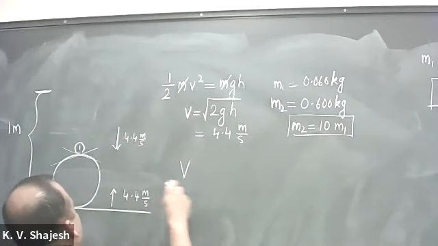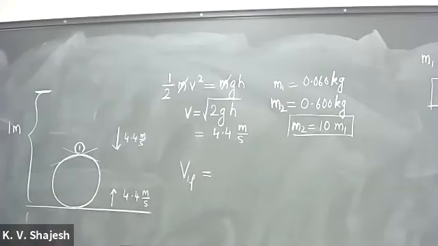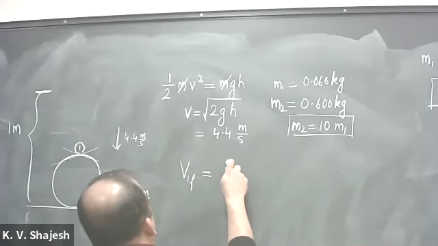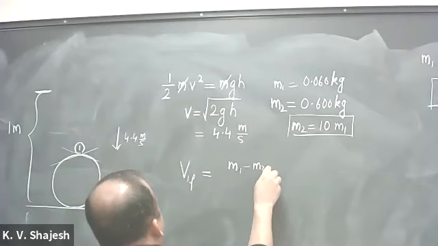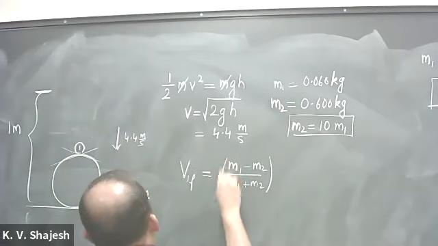And V1 final now, that's what we are interested in. Of course, the basketball will also slow down because of that, but we are primarily interested in the velocity of the tennis ball and how high it will go. And that's equal to m1 minus m2 divided by m1 plus m2 times v1 initial.